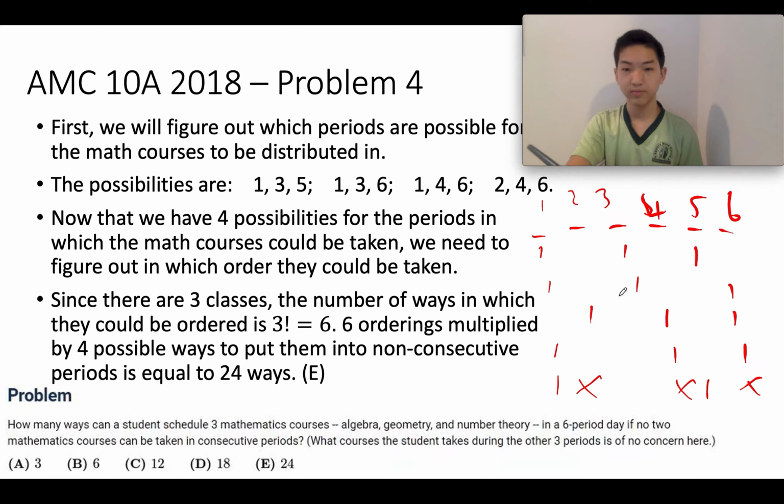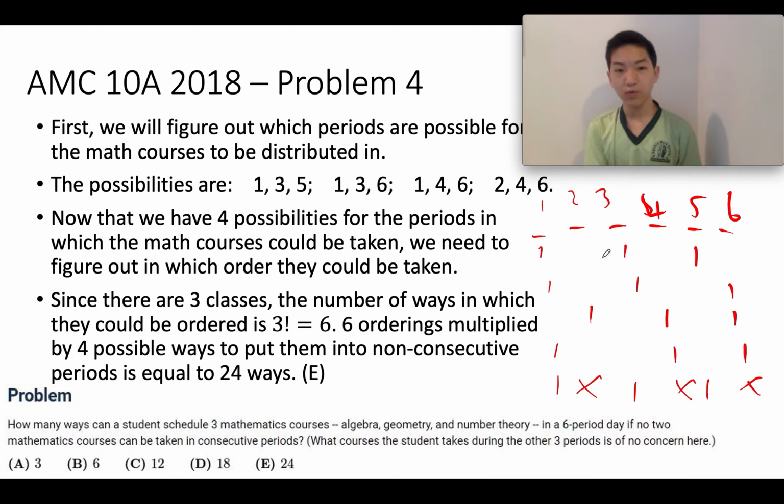And then you still have 3 in the end, so it's the same thing as choosing period 3. If you didn't get that, it's fine, as long as you can easily see by yourself that these are the possibilities in which you can order the math classes.